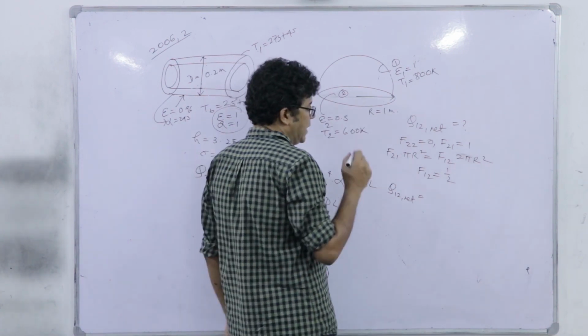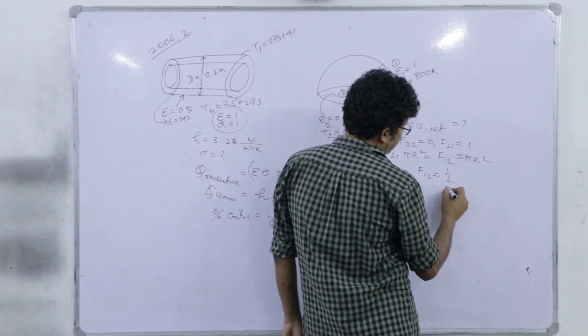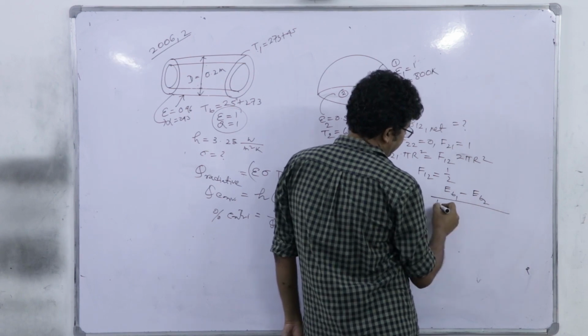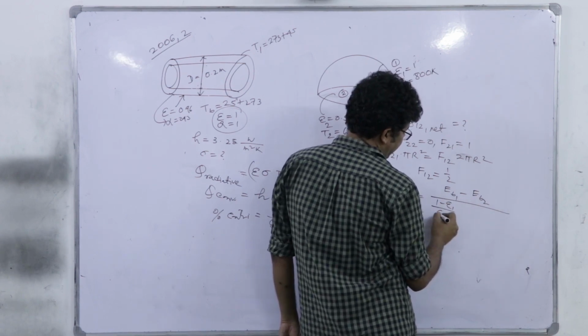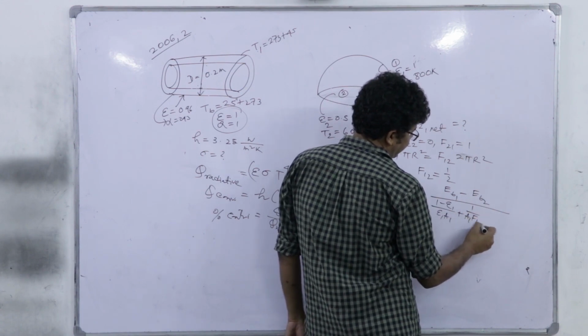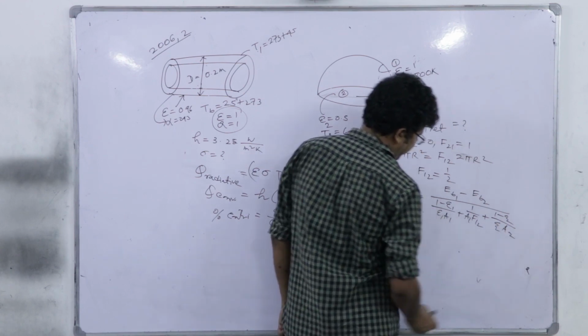So, Q12 net is equal to EB1 minus EB2 divided by (1 minus epsilon 1) over A1 plus 1 by A1 into F12 plus (1 minus epsilon 2) over A2.